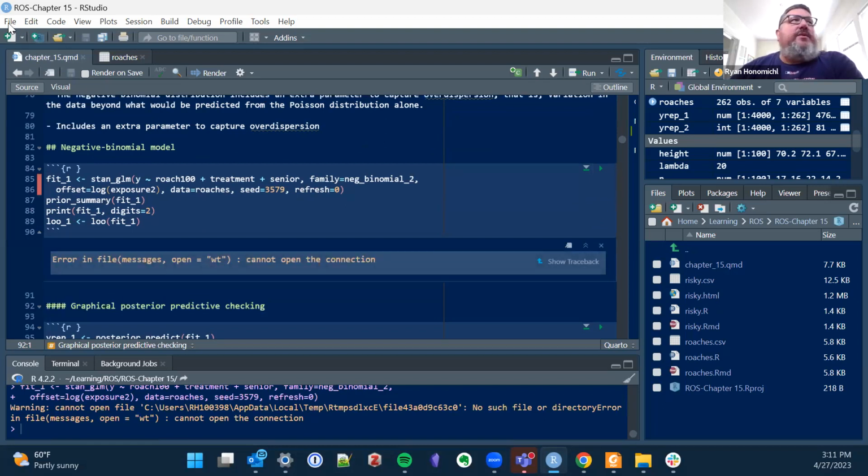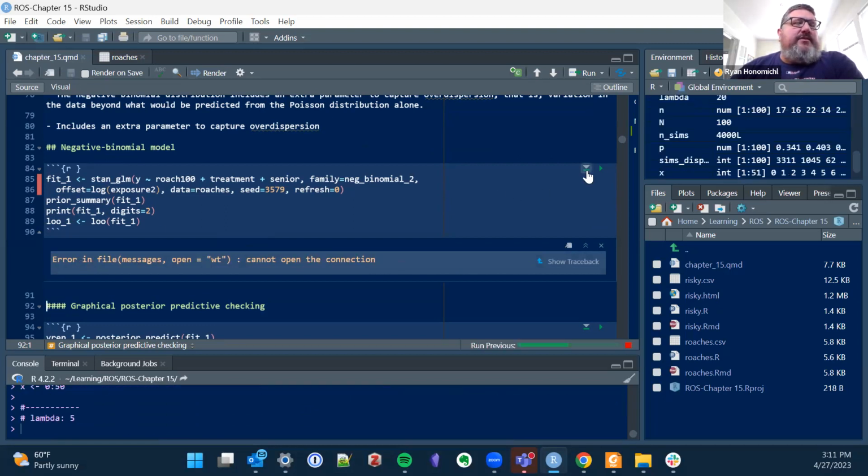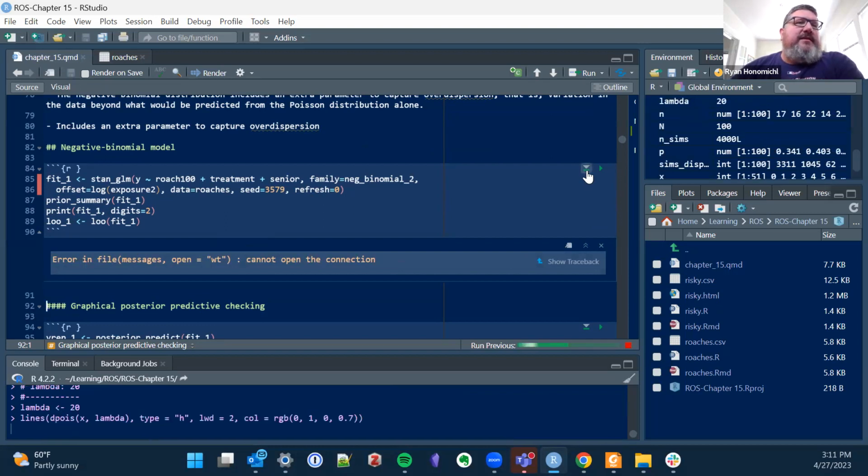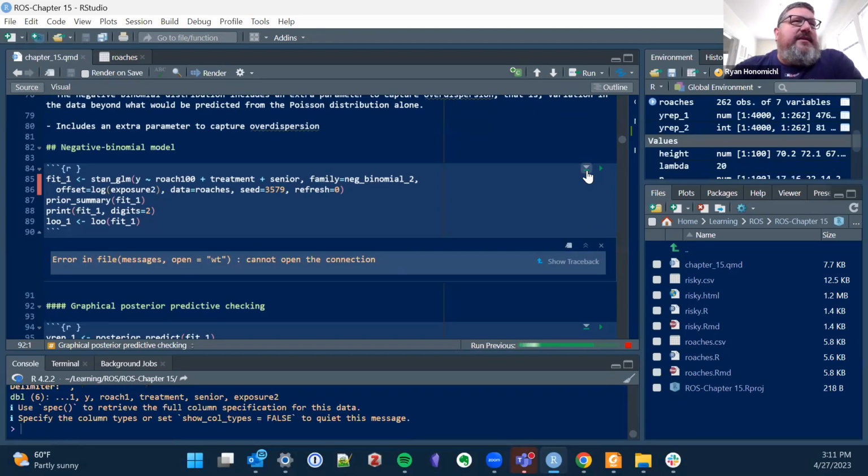Hold on a second, let me reboot this. I don't know if you've ever had this issue, but sometimes something goes wrong with my session, and maybe it'll let me rerun from the top. Sometimes it gives me this error.